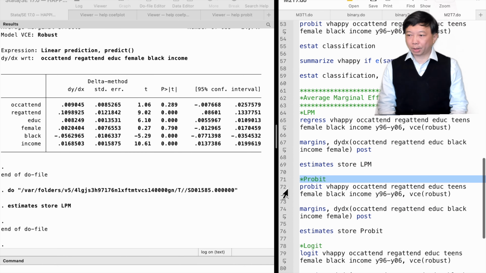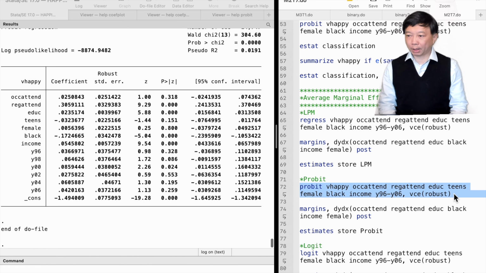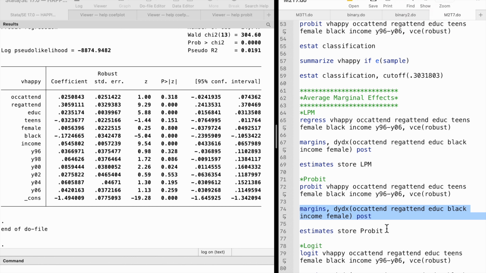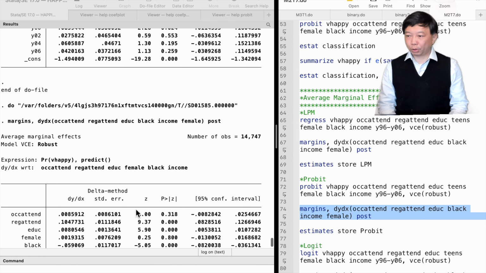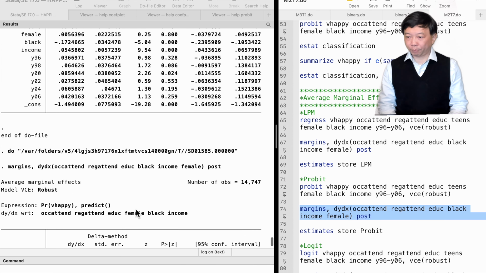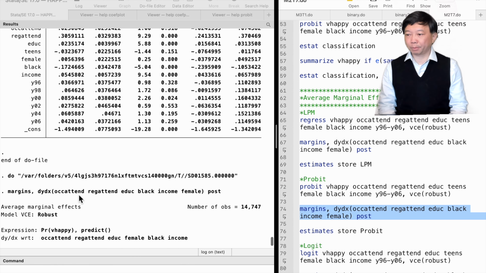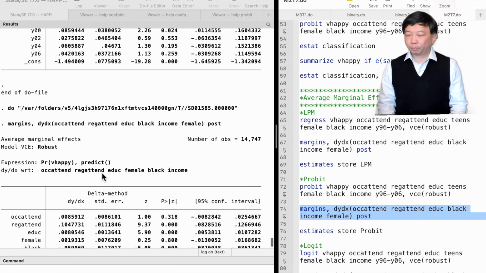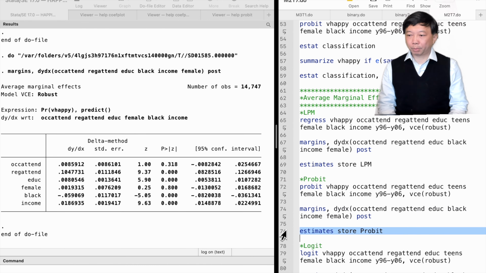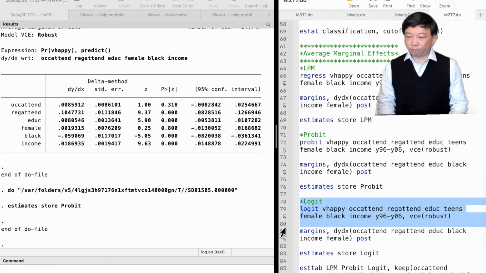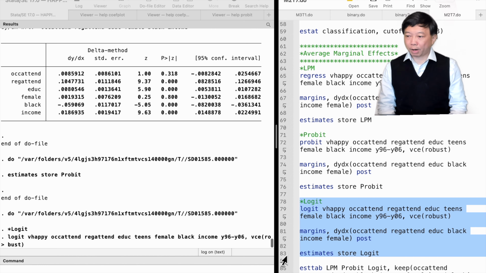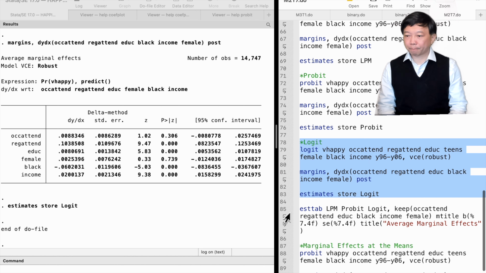We also use the margins command to compute the average marginal effects for the Logit model and the Probit model. The average marginal effects are different from the coefficient estimates. For nonlinear models like the Probit and Logit, the marginal effects at different values of the explanatory variables are not the same.